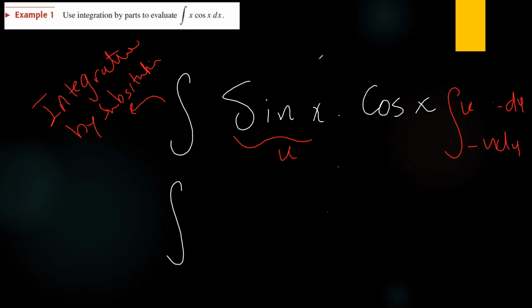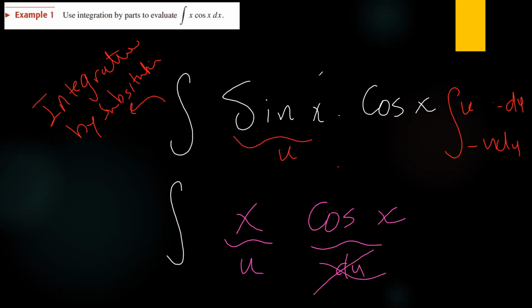Today, if we have two functions that are multiplied, but you cannot say that this is u and this is du, because in the previous example, if you say this is u for cosine and find its derivative, it will be sine. There's a relation between x squared and 2x: the derivative of x squared is 2x, so you can substitute by du.